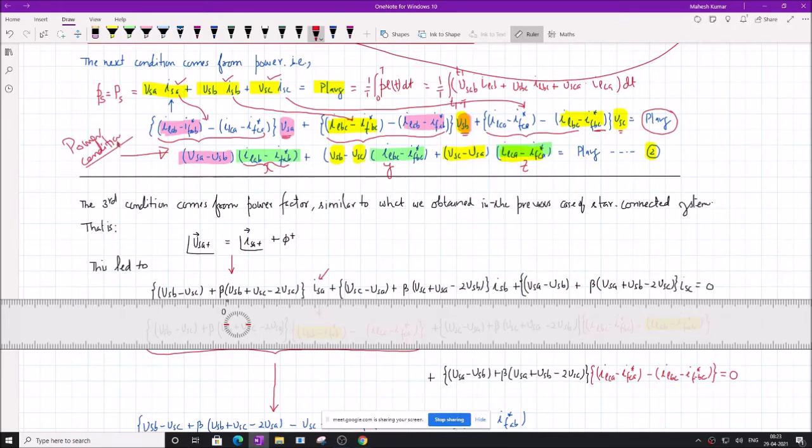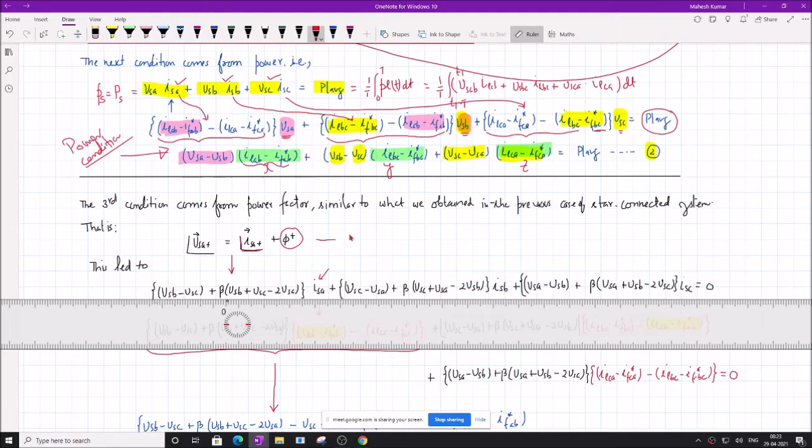Now remaining is the power factor equation. The power factor equation was that the desired power factor is phi plus from the source, then VSA plus angle, where plus means positive sequence, instantaneous positive sequence component, and its angle must be equal to the angle of ISA plus phi plus.